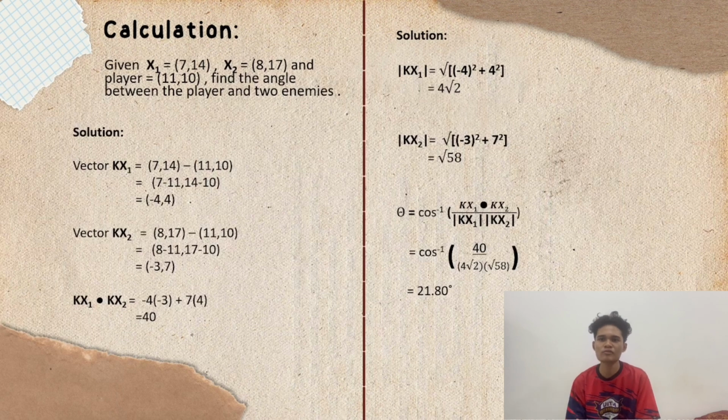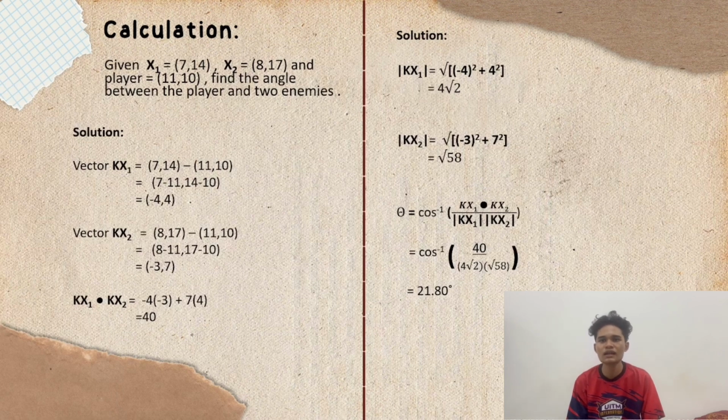Next step, we have to find the magnitude for kx1 and kx2. For the magnitude of kx1, we get 4 square root of 2, and for the magnitude of kx2, we get square root of 58. The last step of this calculation is to find the angle between the player and two enemies.